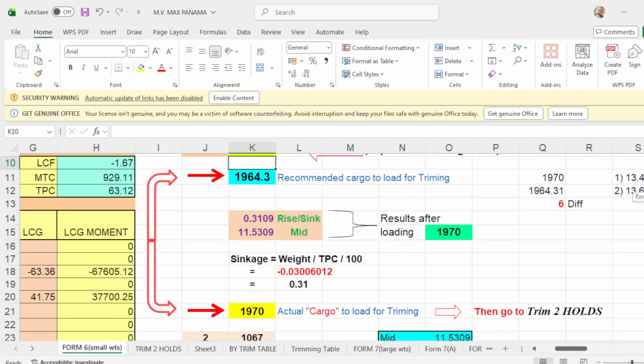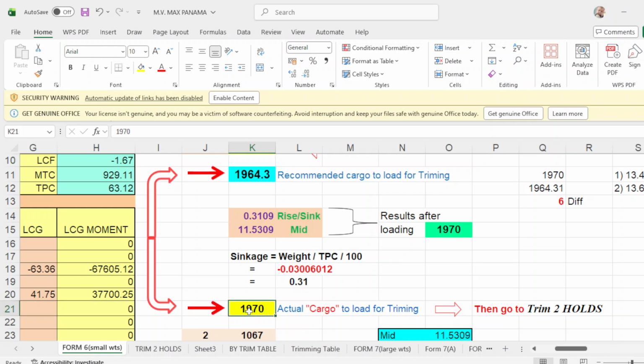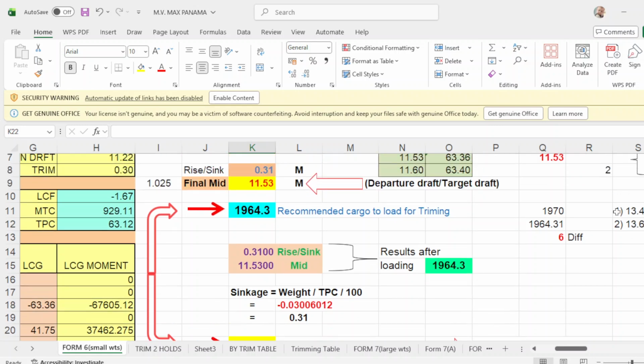But if you want accuracy, put this 1964.3. But with the results, if we use 1964.3, this will be exactly the same, 11.53, exactly the same, and your sinkage is 0.31, exactly the same.